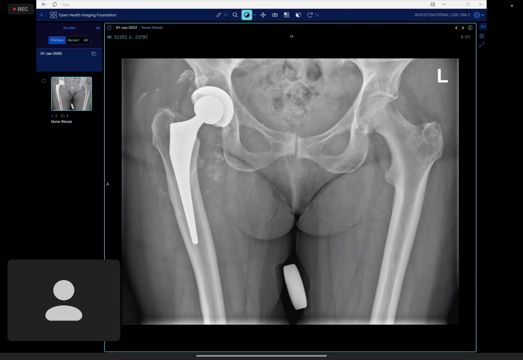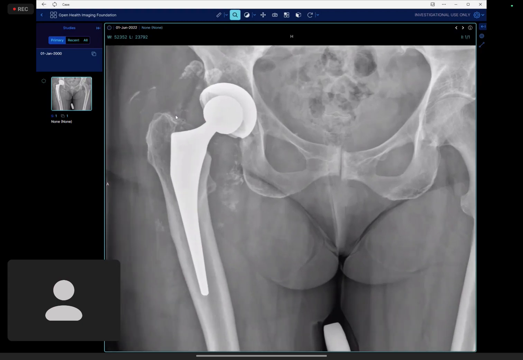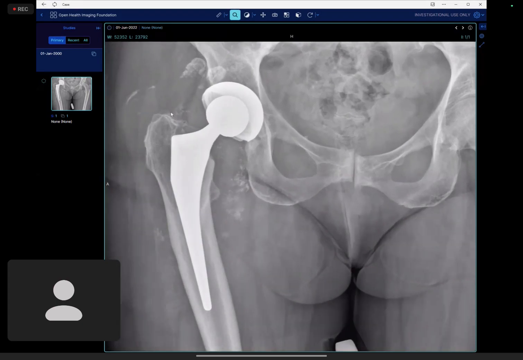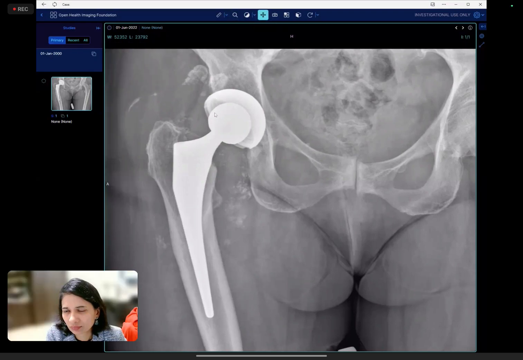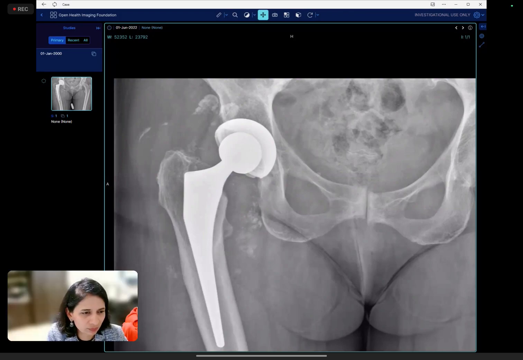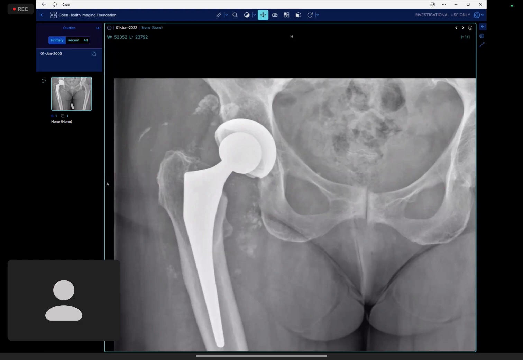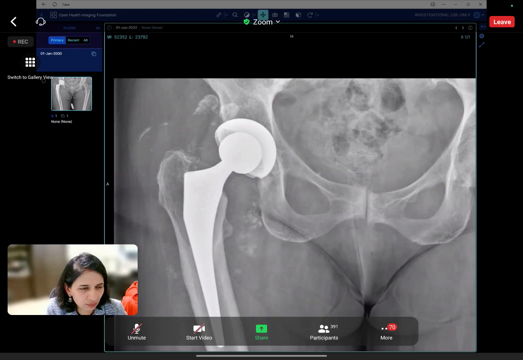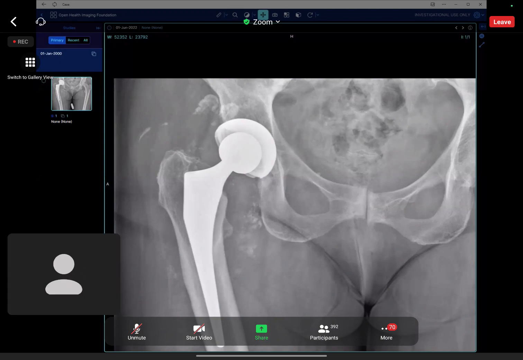I would like to have a look at this acetabular roof. I can see some smoothly defined area over here. That is well defined and it is oval in shape. I would like to have a look at the orthogonal view or the lateral view if available.